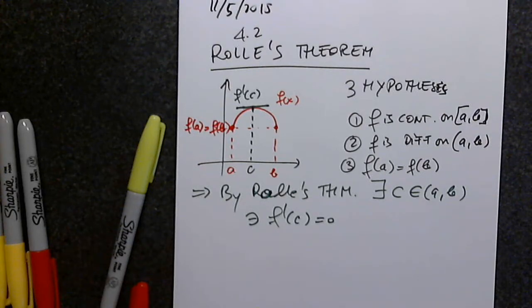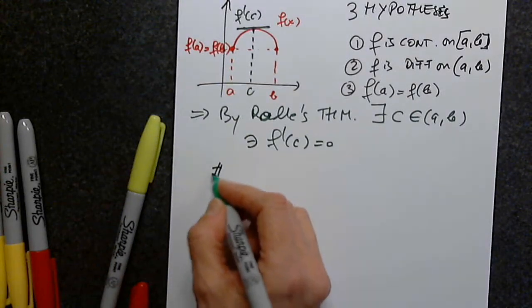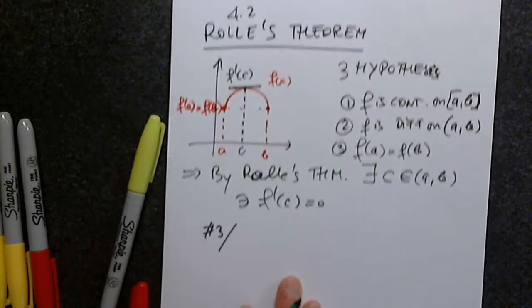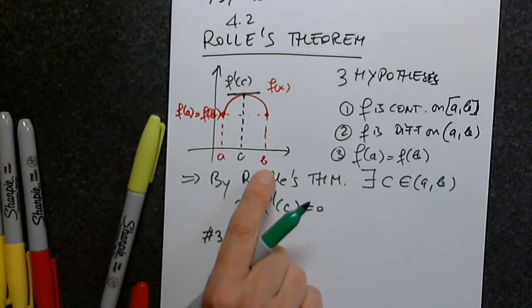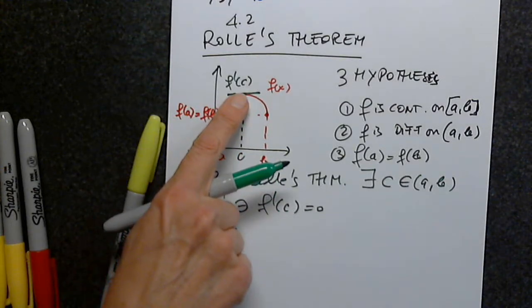Back to 4.2, on page 288. Question, can you repeat what Rolle's theorem says? There exists a number c in the open interval a comma b such that f prime of c is 0.